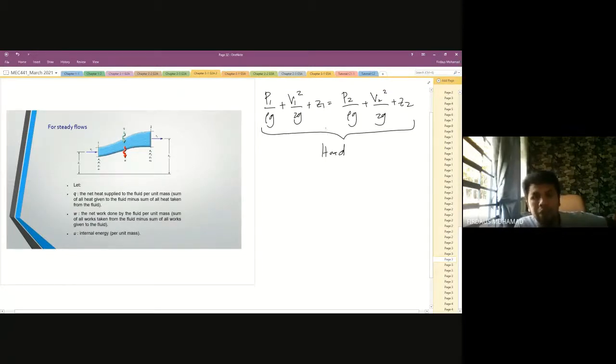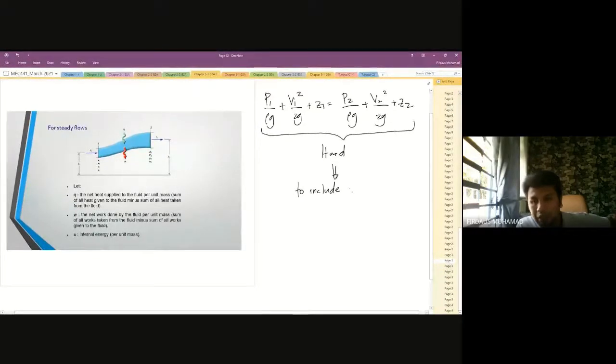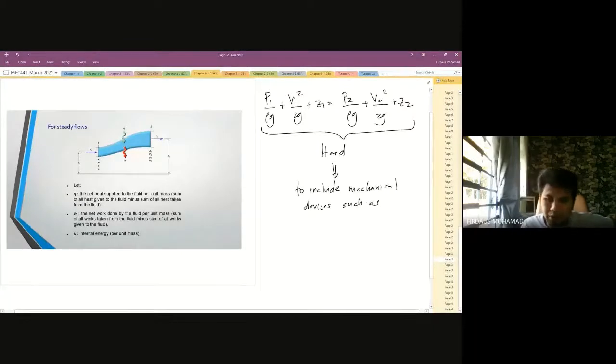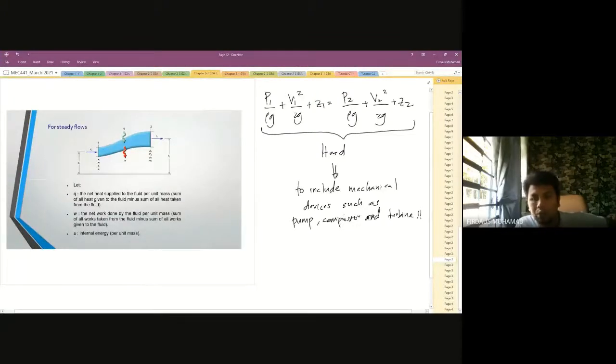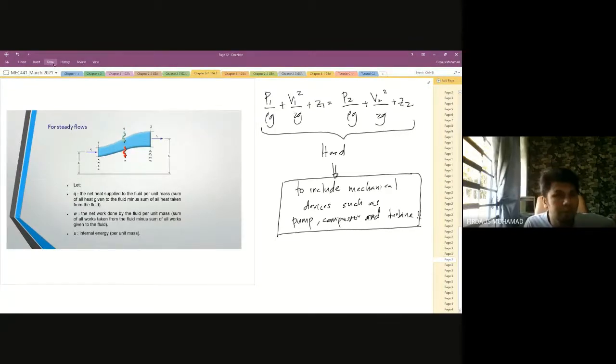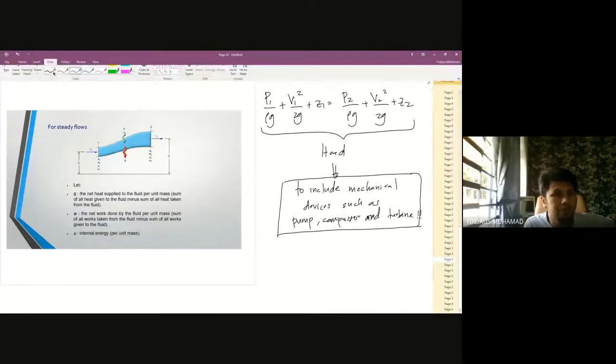In order to include a mechanical device such as a pump, compressor, or turbine, we need to add on the energy delivered or supplied to the system by these mechanical devices.